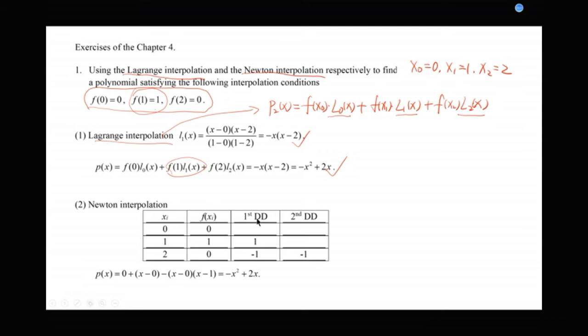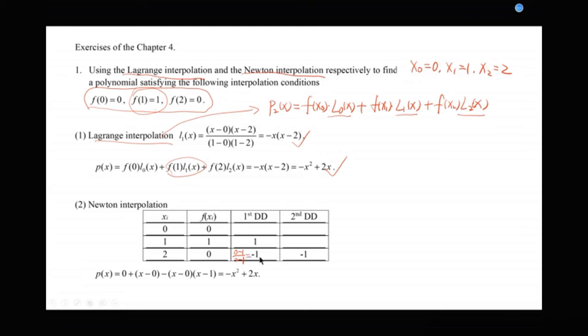First divided difference: 1 minus 0 divided by 1 minus 0, so it is 1. And next we use 0 minus 1 divided by 2 minus 1, so it is minus 1.